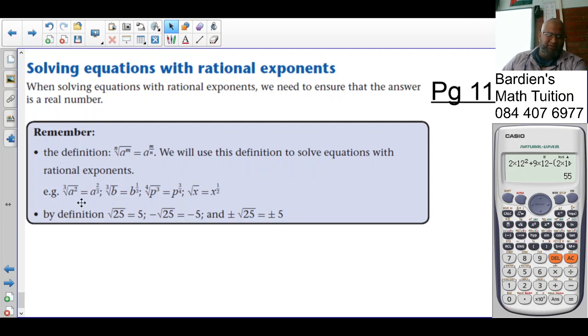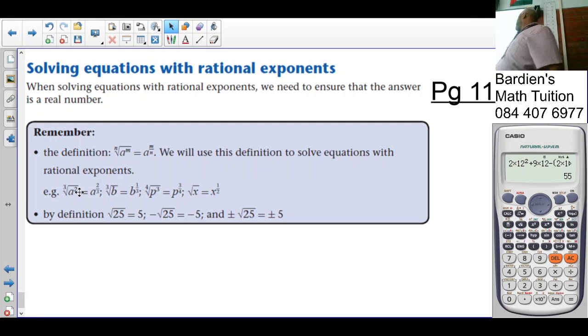Example, the cube root of a squared can be written as a to the 2 over 3. Remember, the root will always be in the exponent's denominator. The cube root of b, remember b's exponent is 1, so that can be written as b to the 1 over 3. The fourth root of p cubed is p to the 3 over 4. The square root of x is x to the 1 over 2.